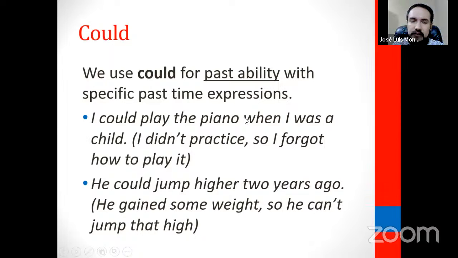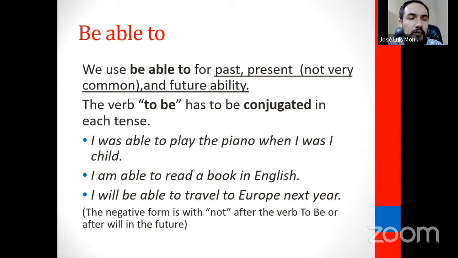Then we got be able to. All right, be able to refers to ability again, but as I told you, some of them can be used in the same tenses as we mentioned before, so that's not the main difference. Be able to can be used in the three tenses that we know: past, present, and future.